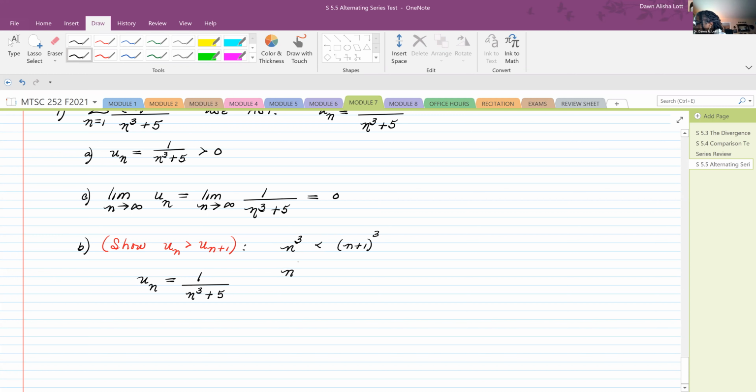So n cubed plus 5 is less than n plus 1 cubed plus 5. That's what I was trying to show.